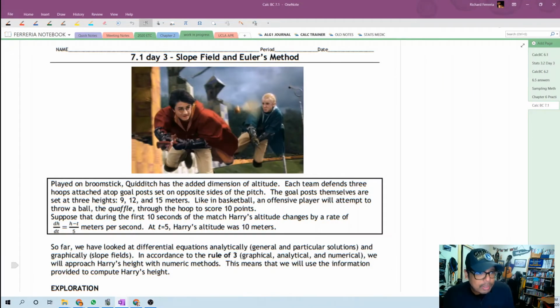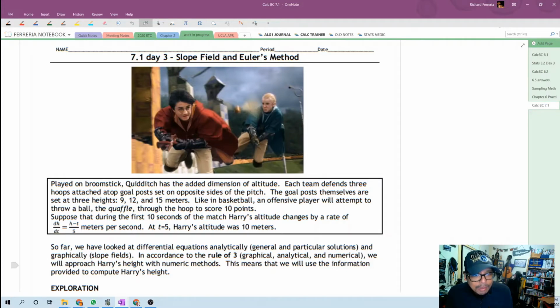Like always, we're going to be looking at Harry Potter as our context here. So playing on broomstick, Quidditch has the added dimension of altitude. Each team defends 3 hoops atop goalposts set at opposite sides of the pitch. The goalposts themselves are set at 3 heights, 9, 12, and 15 meters.